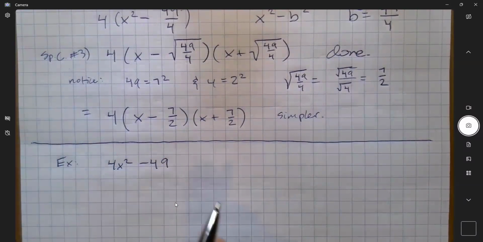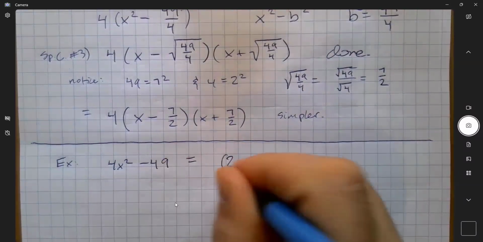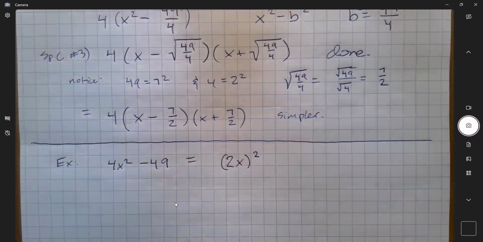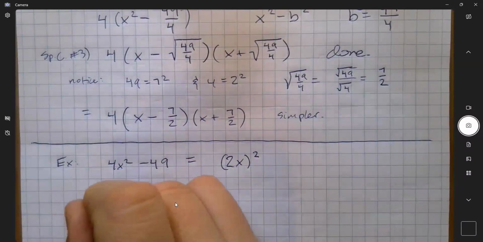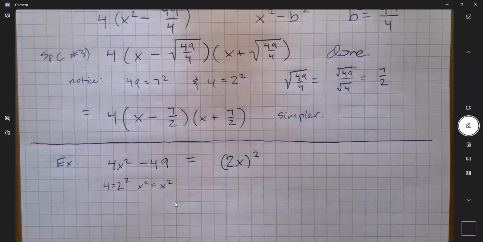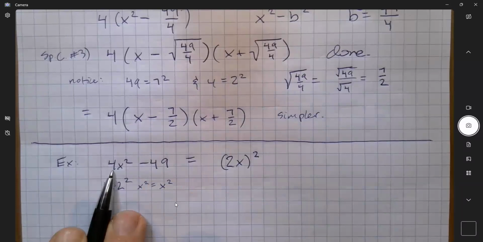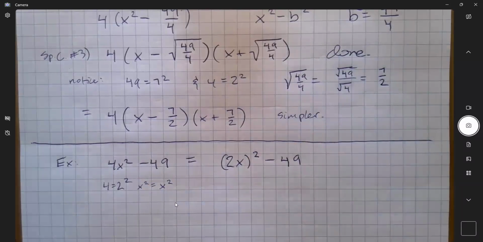And this has an x squared minus b squared, but I could think of that first term as 2x quantity squared, because 4 is 2 squared, and x squared is x squared. So I could write 4x squared as 2x quantity squared, and then minus the 49.